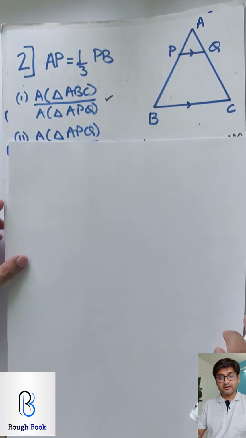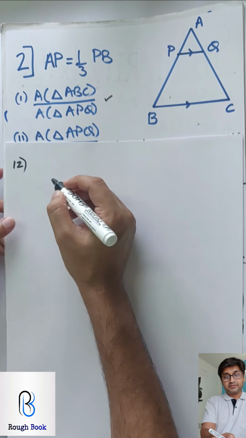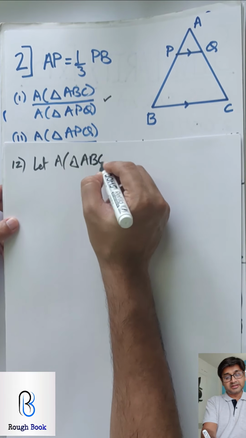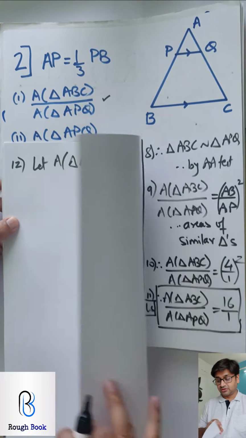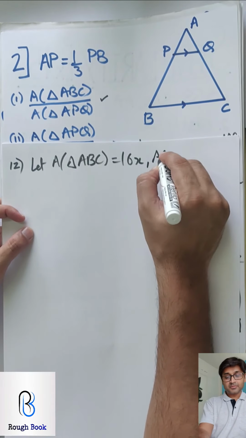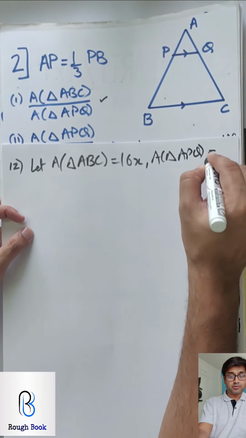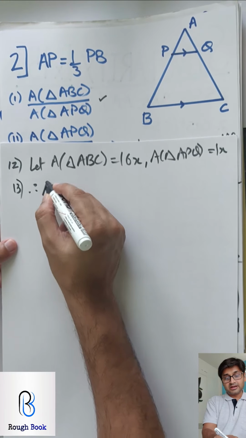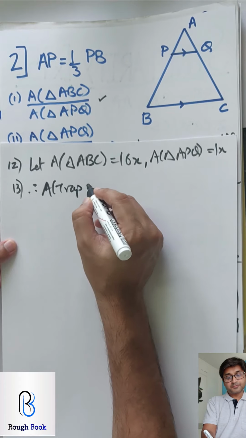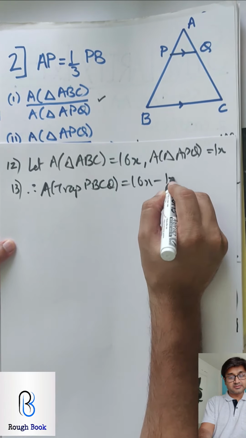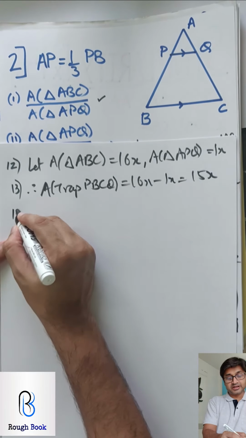So step number 12. I will say let area of triangle ABC be 16x, which is given to us, and area of triangle APQ as 1x. Therefore we can say that area of trapezium PBCQ will be 16x minus 1x, 15x.